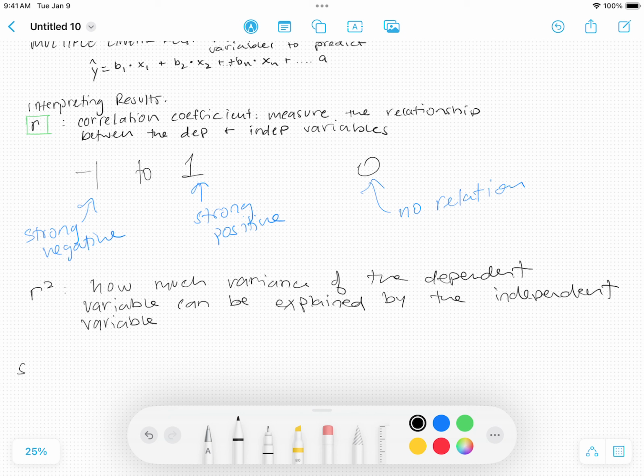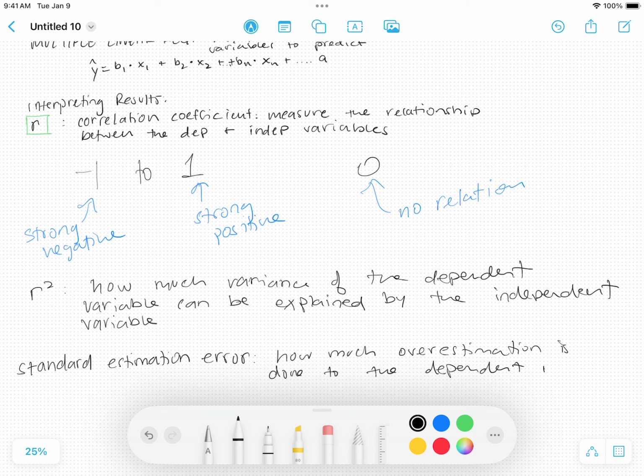Another evaluation you can make is the standard error of estimation, and this tells us how much overestimation has been done to the dependent variable.